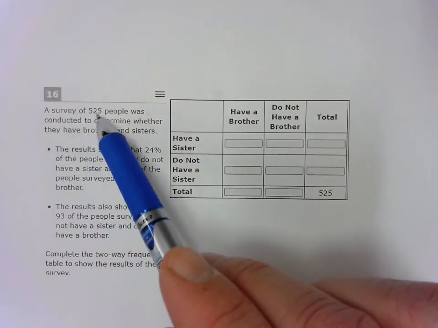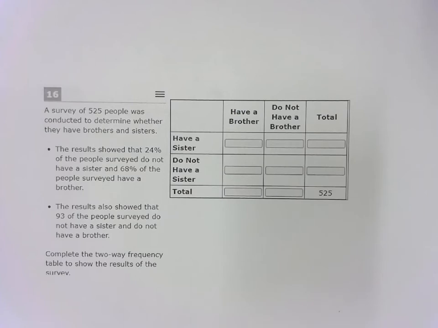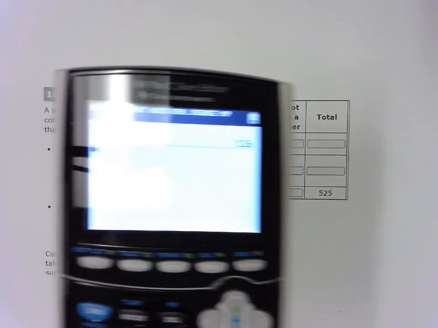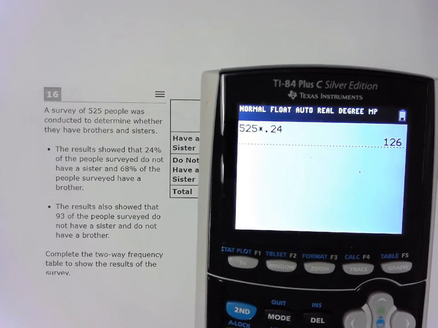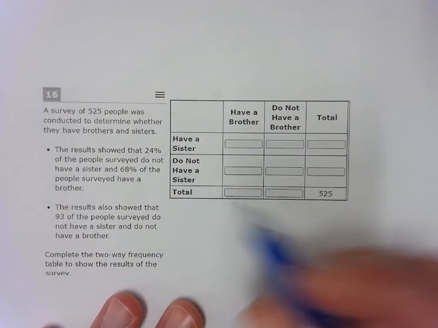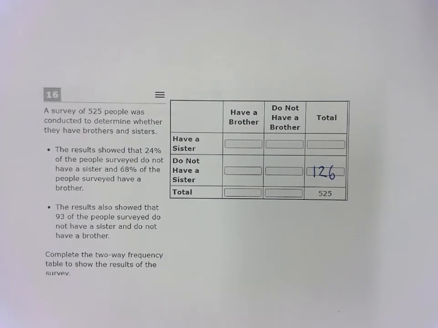So I have surveyed this many people. 24% do not have a sister. So you're going to do 24% of 525. So 0.24 times 525 is 126. So we know 126 do not have a sister. That's the total. 126 goes there. And it says 68% of the people surveyed have a brother.